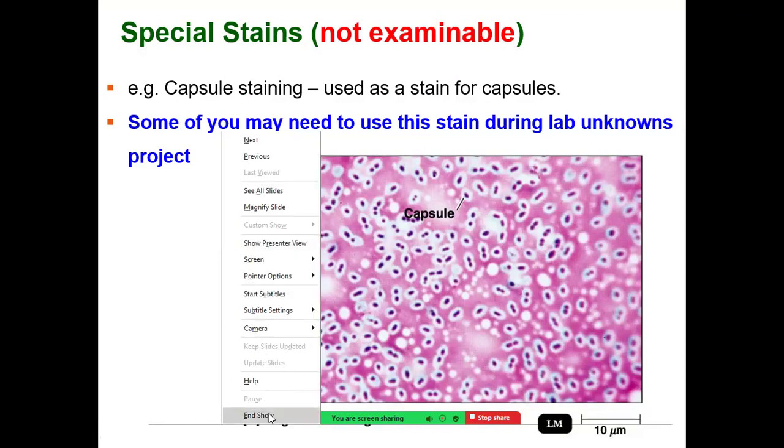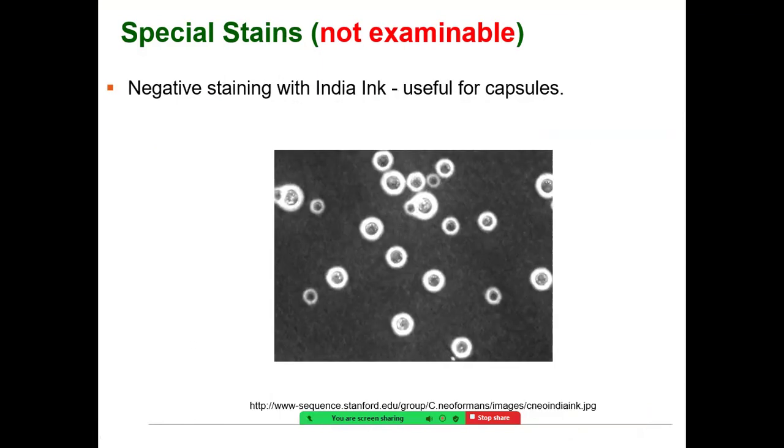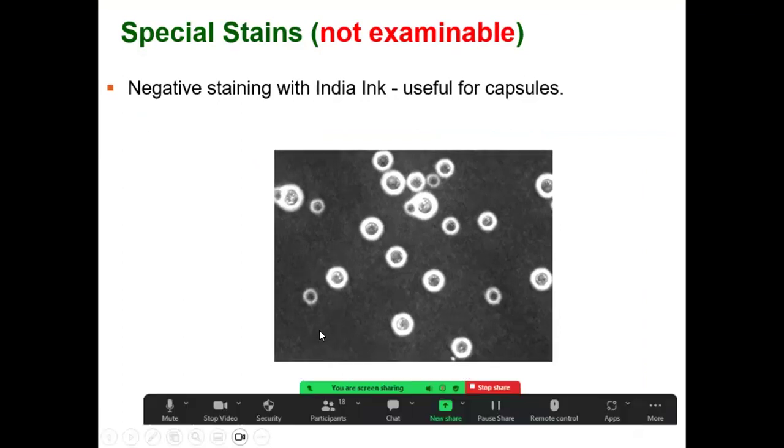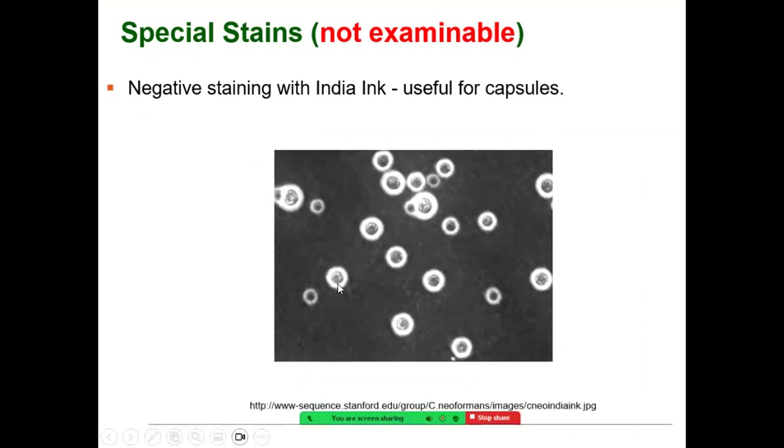The next slide is India ink used as a negative stain. India ink stains the background darkly, and it does not stain the capsule. It does lightly stain the cell a gray color.